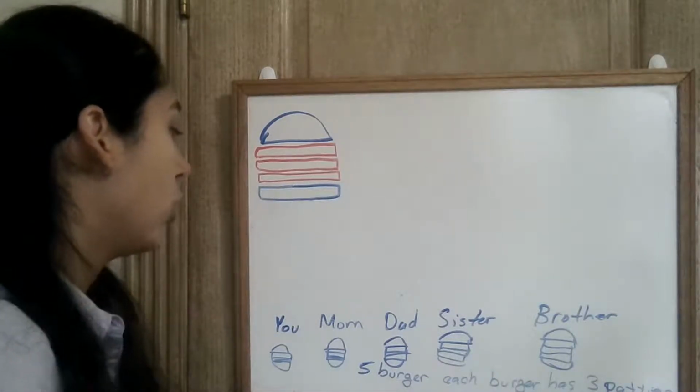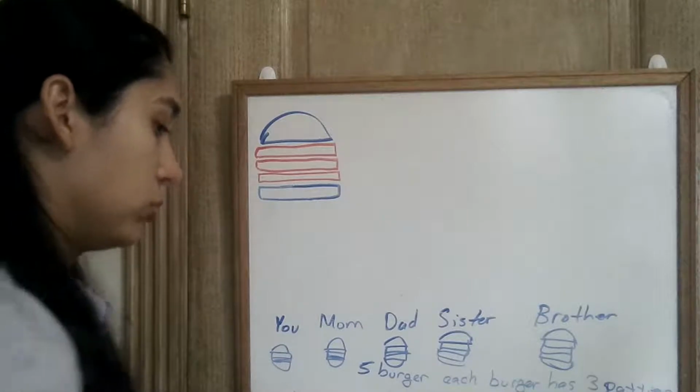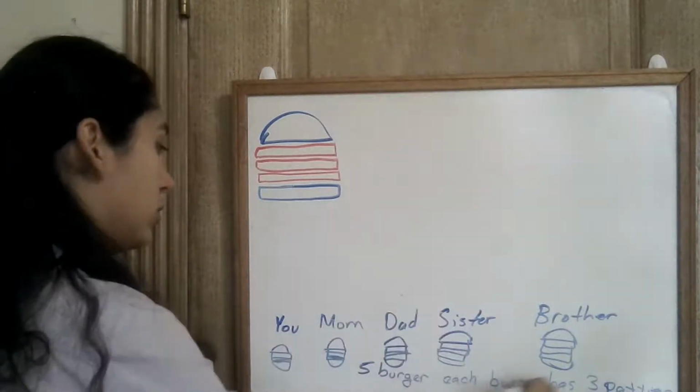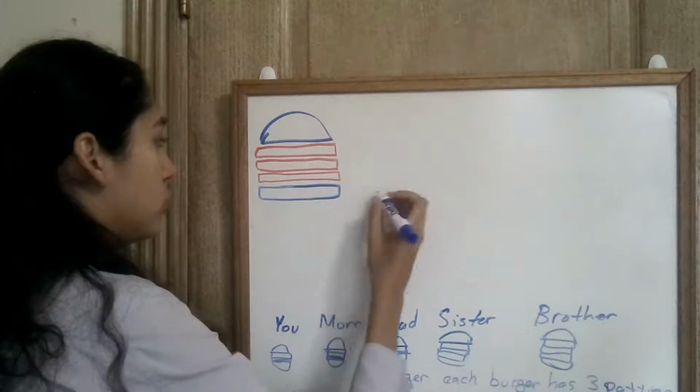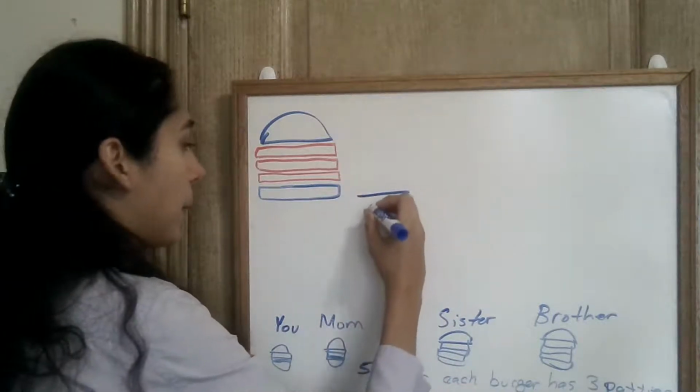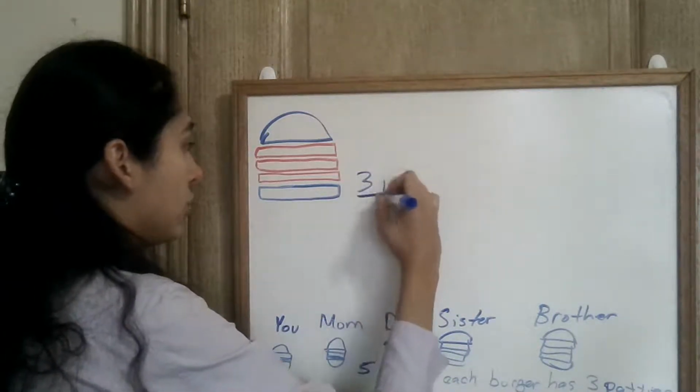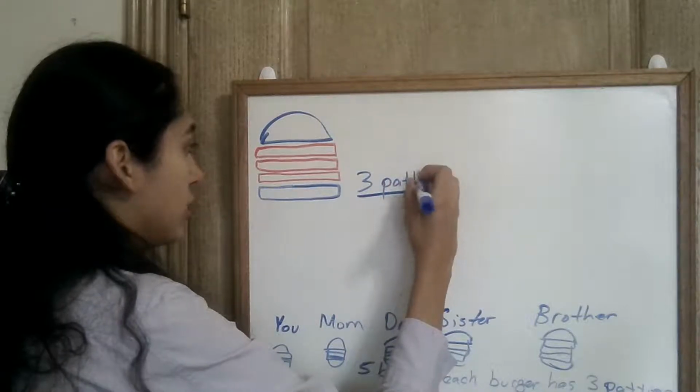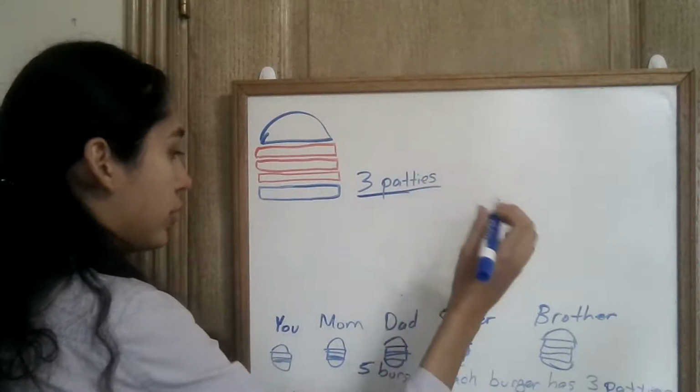We're talking about wanting 5 burgers. Cool. So we're just talking about 1 burger, 3 patties per burger.